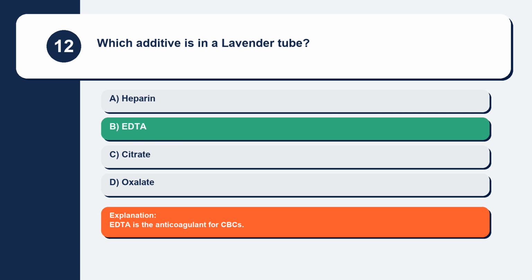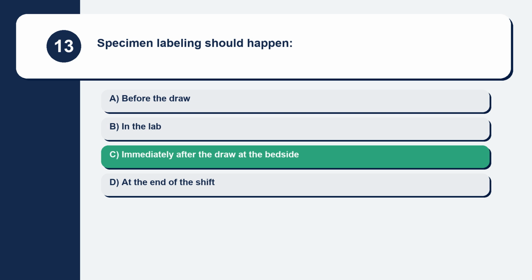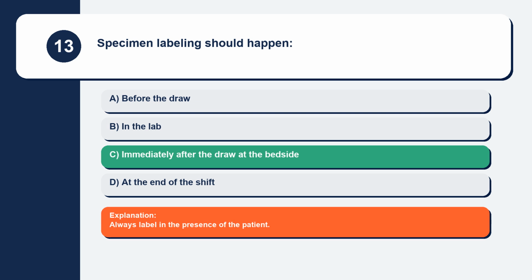EDTA is the anticoagulant for CBCs. Question 13. Specimen labeling should happen before the draw, in the lab, immediately after the draw at the bedside, at the end of the shift. Always label in the presence of the patient.